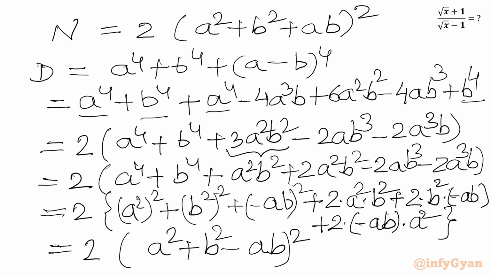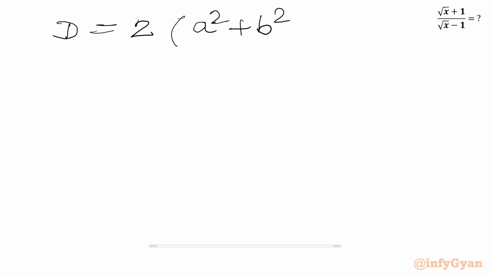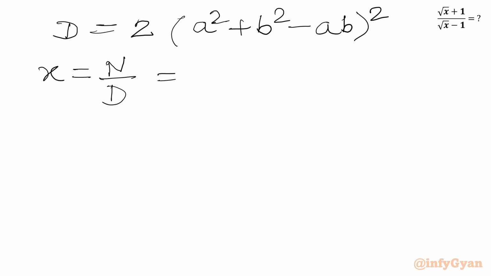Let me write here. Denominator equal to 2 times a square plus b square minus ab whole square. Now we will write x equal to numerator n over denominator d. This will be equal to 2 times a square plus b square plus ab whole square.